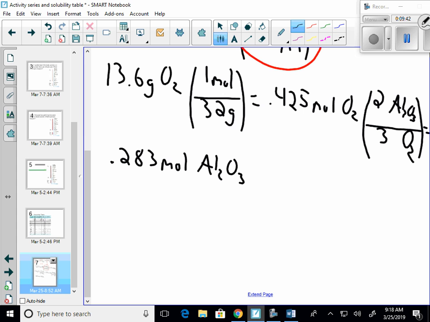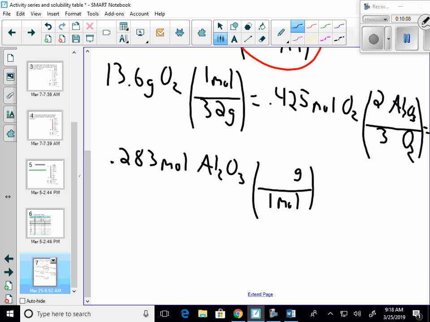My first step was converting my grams into moles using the periodic table, something that you've been doing for at least 4 months now. Second step was using the balanced equation coefficients to convert from one thing to another, something that you learned last week. My final step, now I'm in moles of aluminum oxide, I want to get the grams.